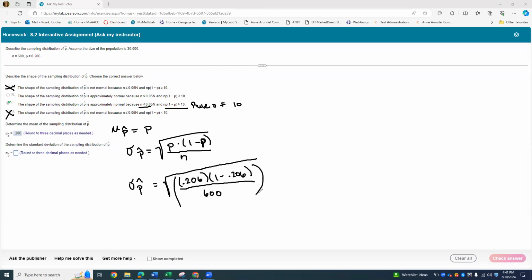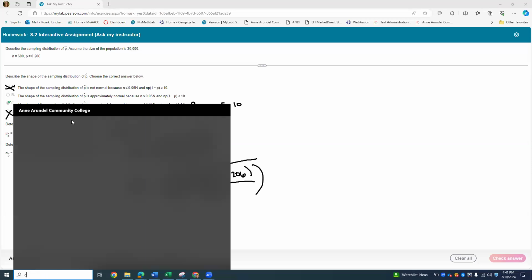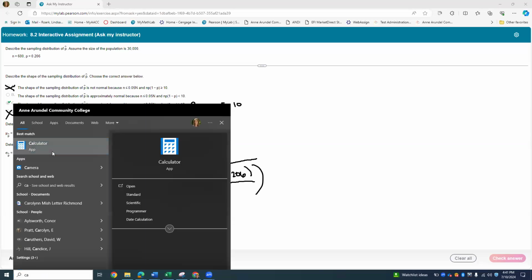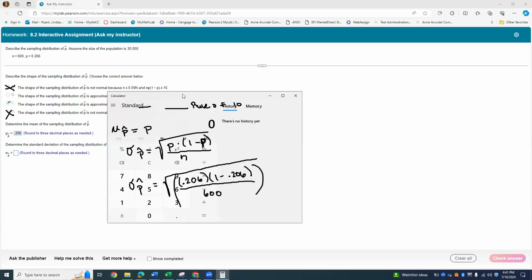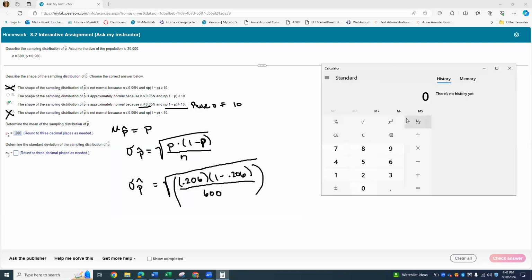But if you are like many of us who haven't used the graphing calculator a lot, or just prefer to use your phone calculator, or even the basic calculator that comes on the computer, I'm going to show you how you can do that. First things first, we have to subtract 1 minus 0.206 before we begin anything else.